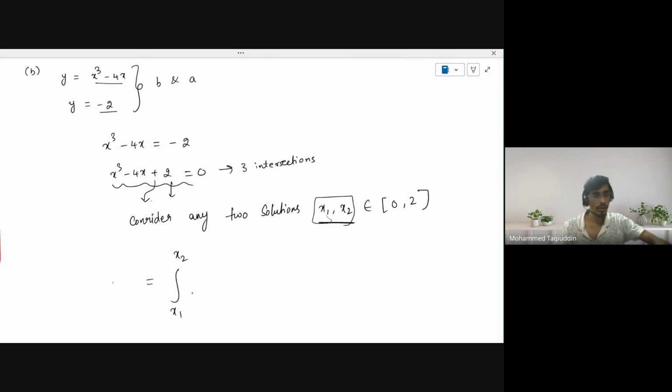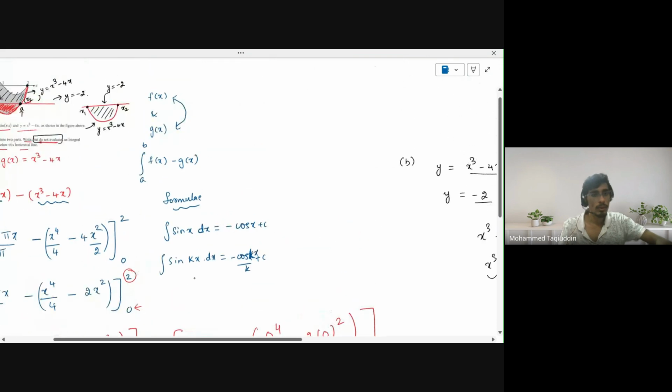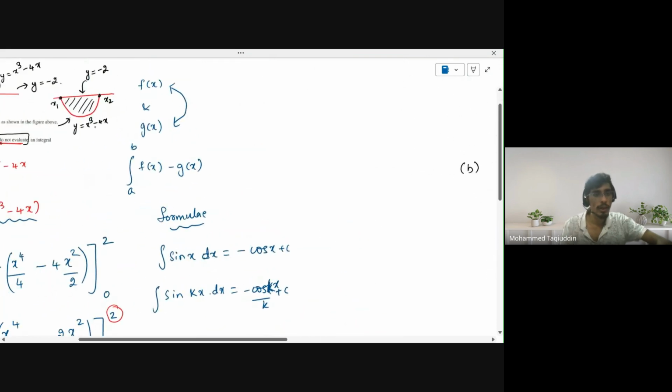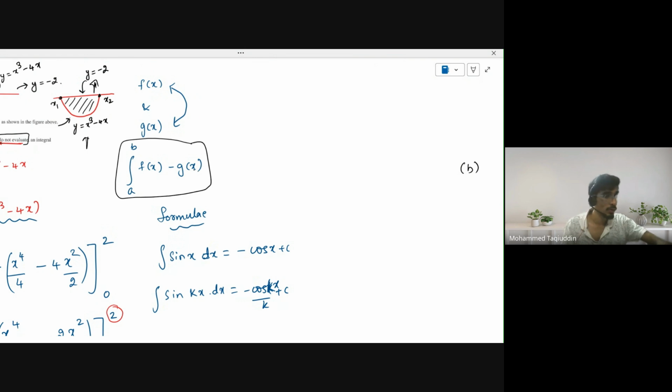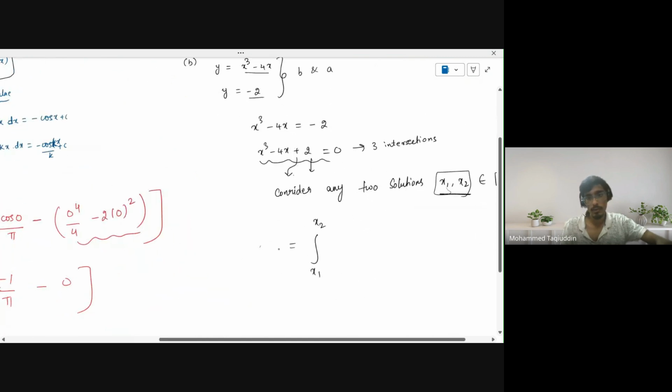So what are the two different equations? y equals negative 2 and this one. I have to subtract them, that's what I taught you in question number A. So negative 2 is the first equation, and the second equation is x cube minus 4x, with respect to dx.